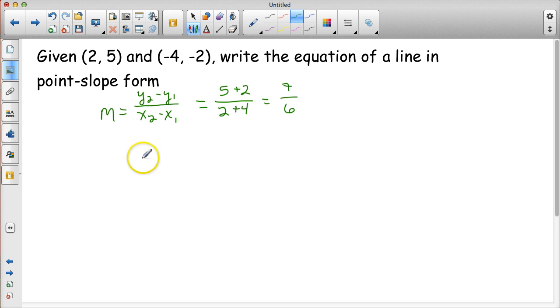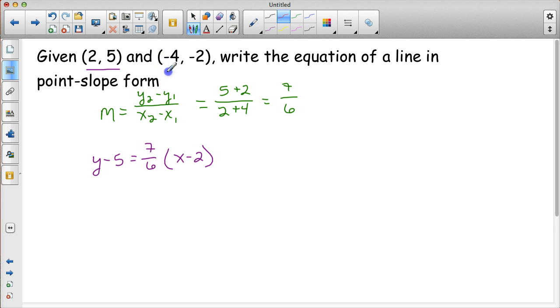So I can write 2 different equations. One equation would be y minus 5 equals 7 over 6 times x minus 2, because I used this point, 2, 5, to substitute into the equation of my line.